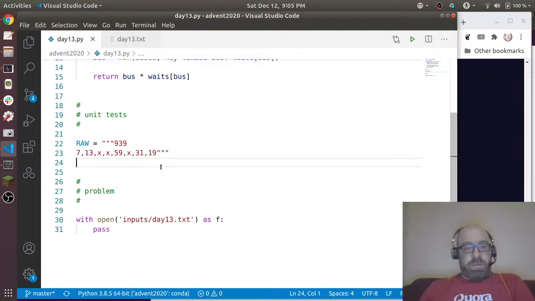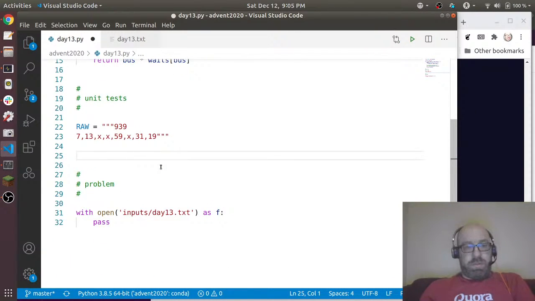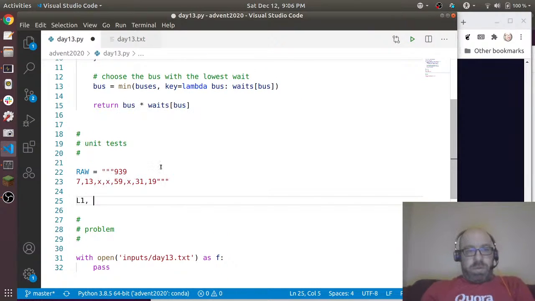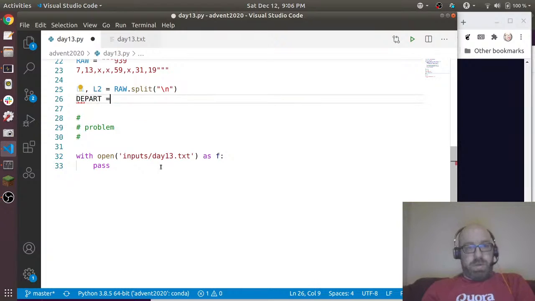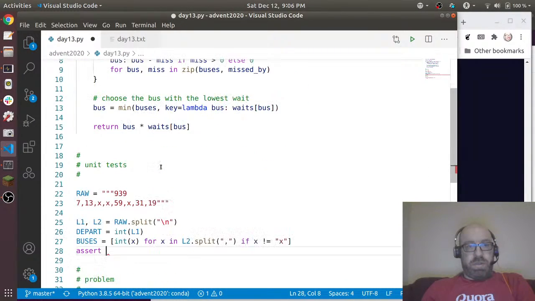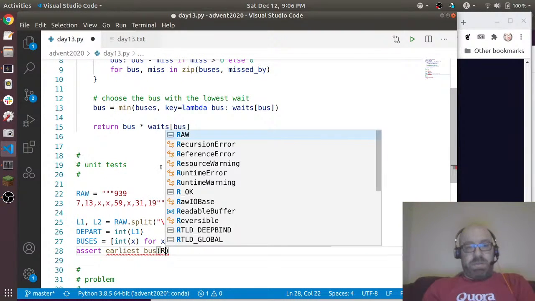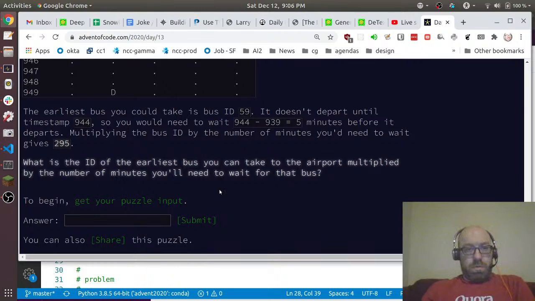Okay, and so assert, so let me do this. L1, L2 equals raw dot split on newlines, and let's say depart equals int of L1, buses equals int x for x in L2 dot split on commas if x is not equal to lowercase x, and assert that the earliest, and it's not really the earliest bus, but depart buses equals 295.